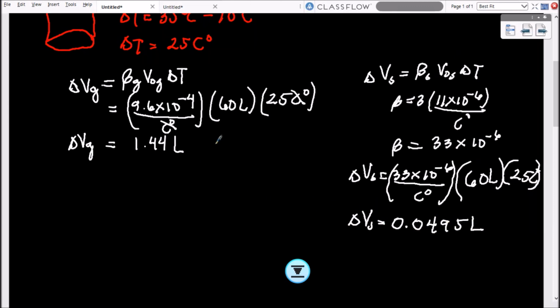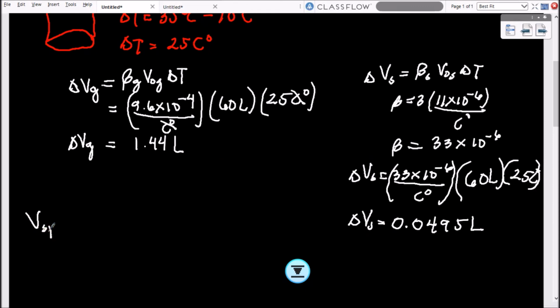So both the steel tank and the gasoline are subjected to this change in temperature, 25 Celsius degree. The gasoline expands more compared to the steel tank. So we can solve for the volume that spills out.